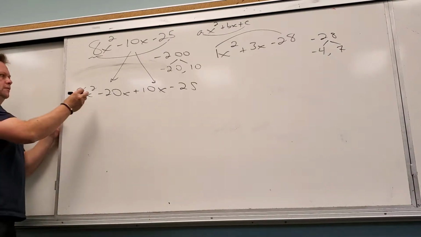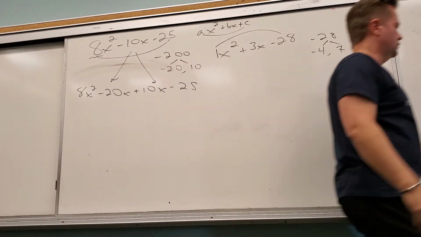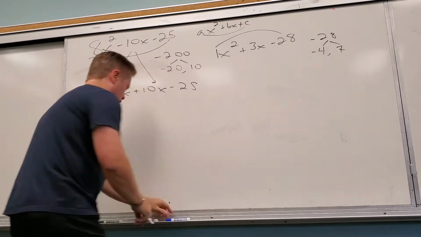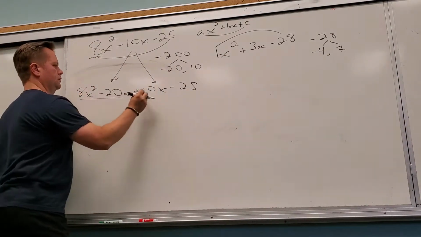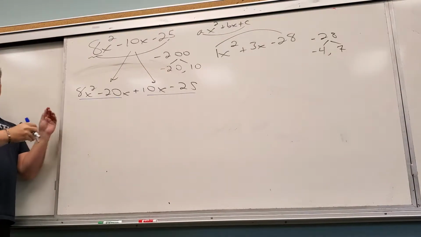And now what do you do? Group, because there's 4 terms. Let me see if I can branch out and see what this feels like when there's more colors. So what comes out?